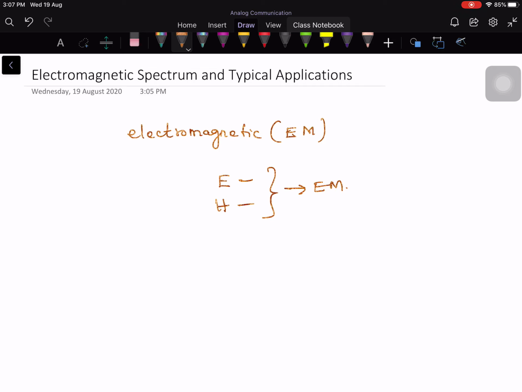That is, the signal information is manifested as changing electric and magnetic field intensities at a specified number of times per second.